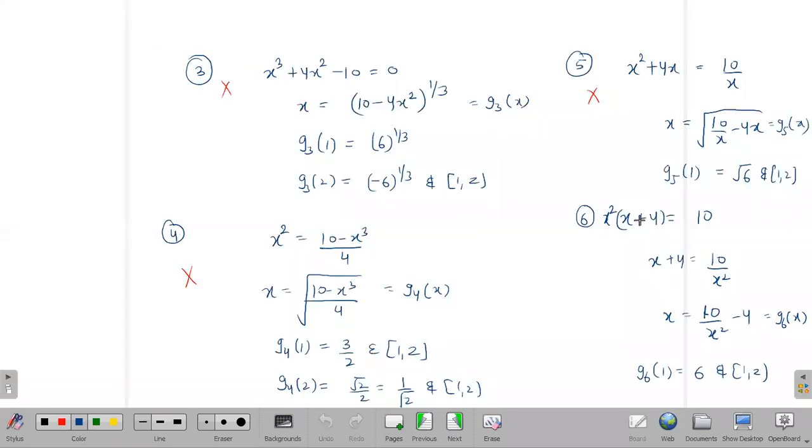From here also you can take, if I take x square is equal to 10 by x plus 4, then it will be x plus 4. G7 of x. So let us try for this G7 of x. G7 of x is a continuous function on [1, 2]. First condition. Second, let us check at least for the boundary points.